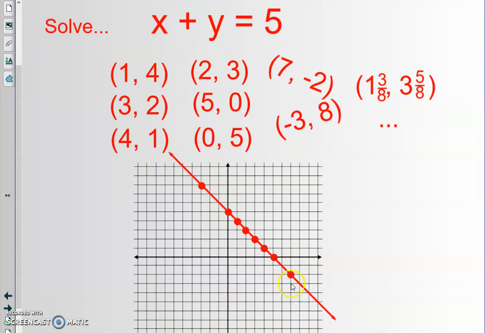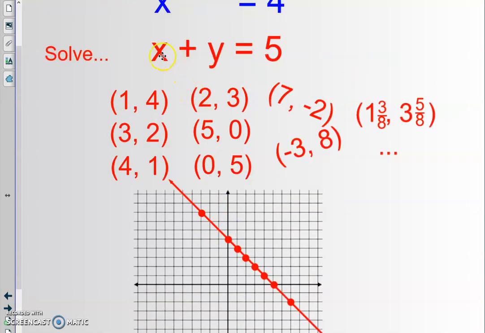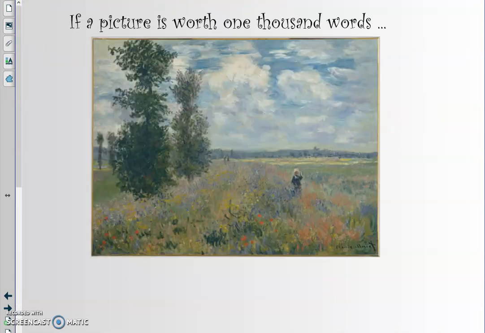And what's that straight line represent? Well, that straight line represents every single value of x and y. We didn't list negative 2 and 7, but since it's on this line, it means when x is negative 2 and y is 7, we satisfy that equation. That is why we graph lines. You know, there's a saying that a picture's worth 1,000 words.